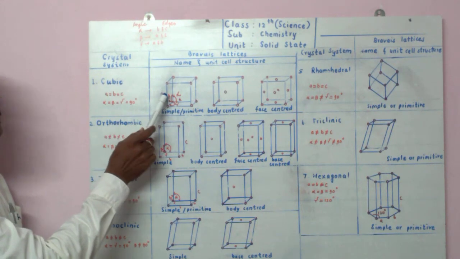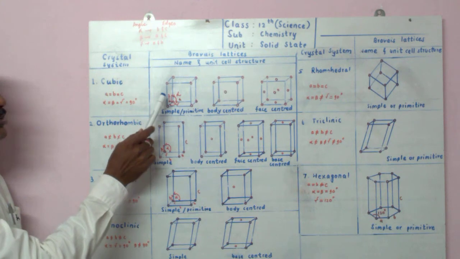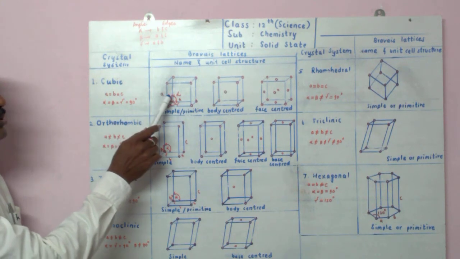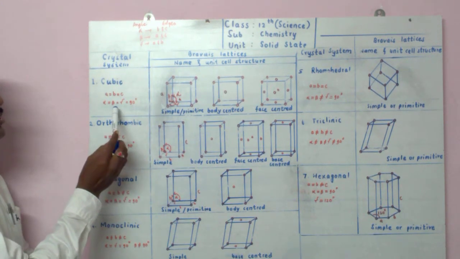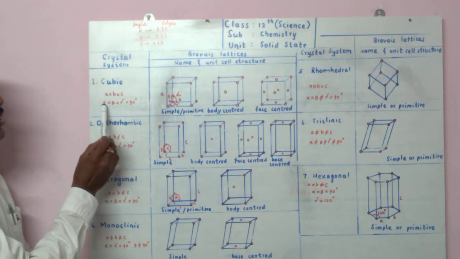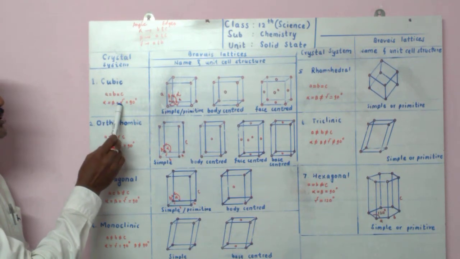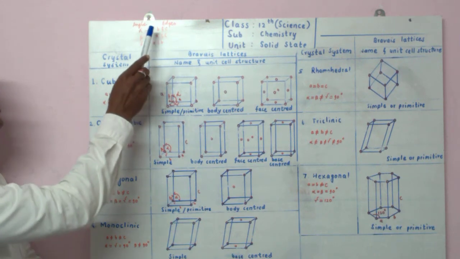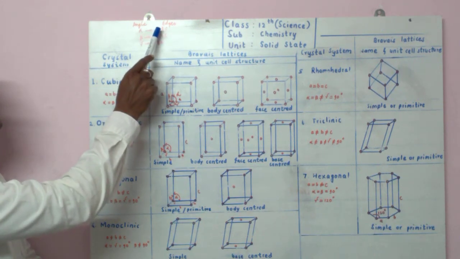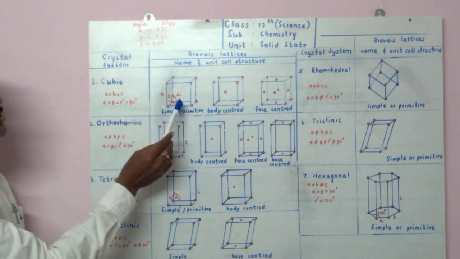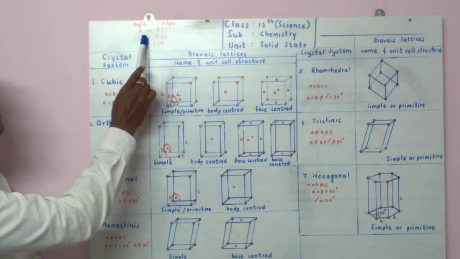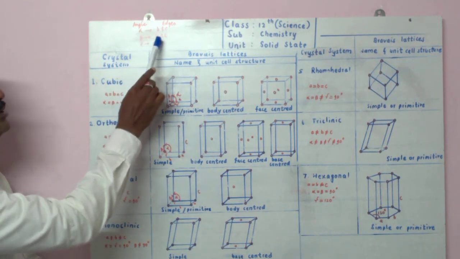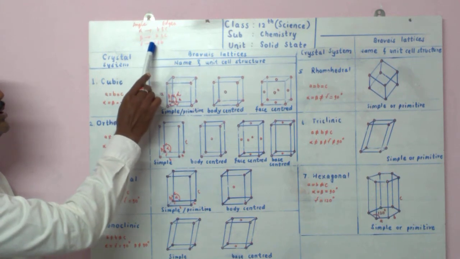It is cubic, so the edge lengths are a equal to b equal to c, and the angles alpha equal to beta equal to gamma equal to 90 degrees. Alpha is the angle between edges b and c. Then beta is the angle between a and c, and gamma is the angle between a and b.